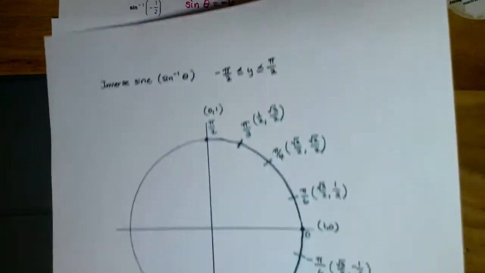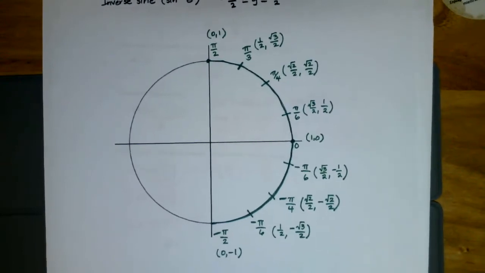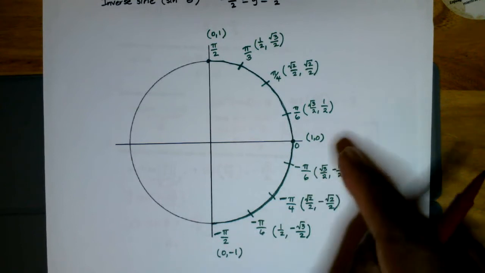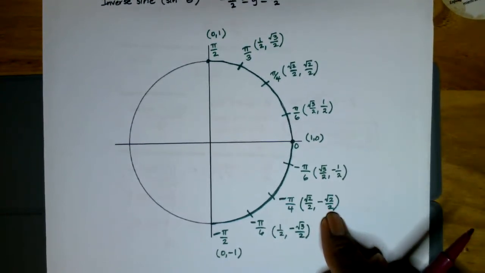Okay, so here I'm going to go to this table, this unit circle for the inverse sine, and I'm going to find negative square root of 2 over 2. And the sine is that y coordinate where I have negative square root of 2 over 2, which is right here.